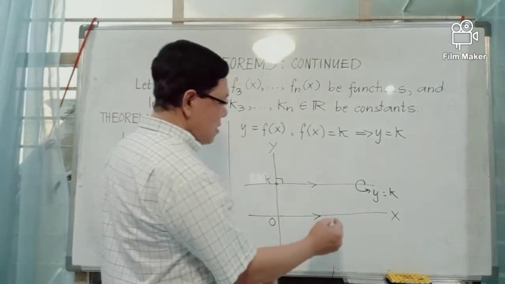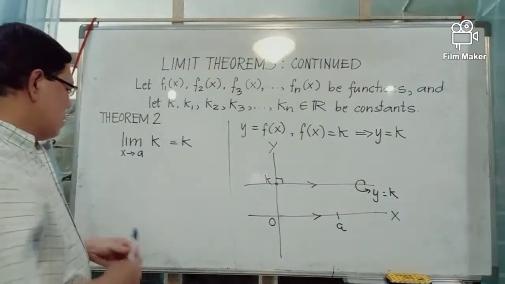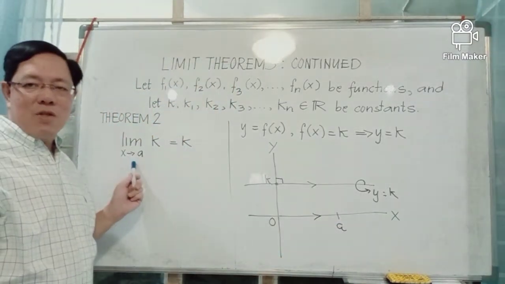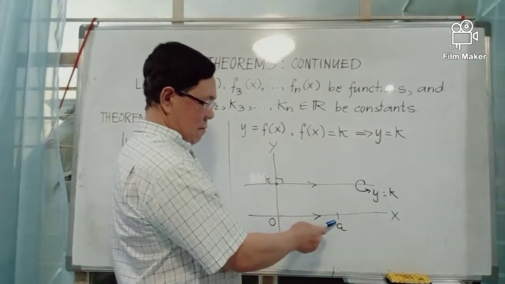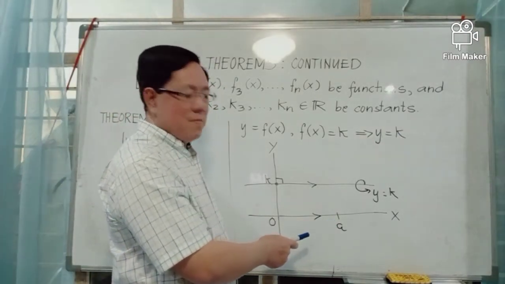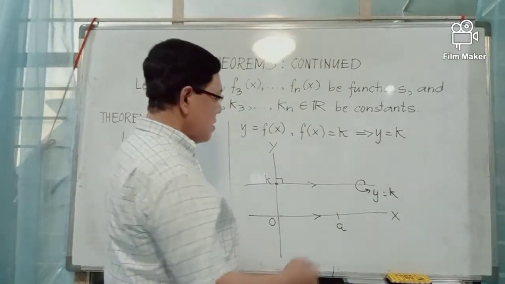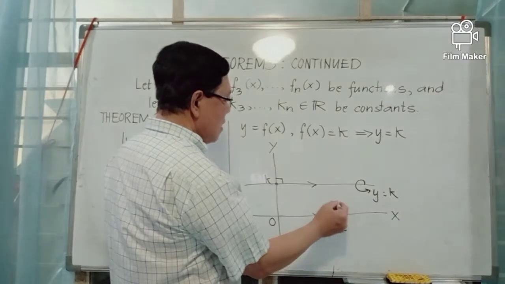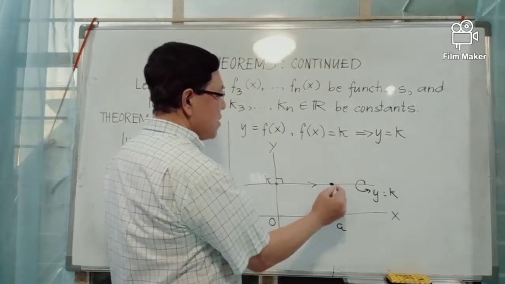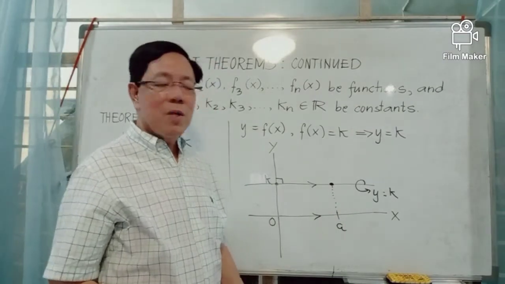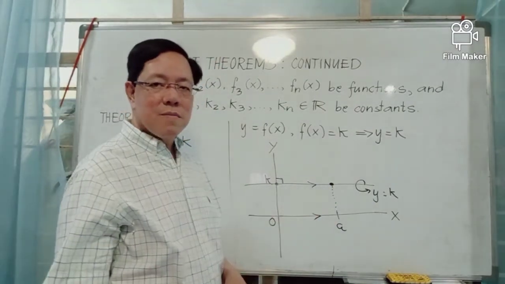And suppose this is a in the second limit theorem. As x approaches a, either from the left or from the right of a, the value of the function or the value of y approaches k.